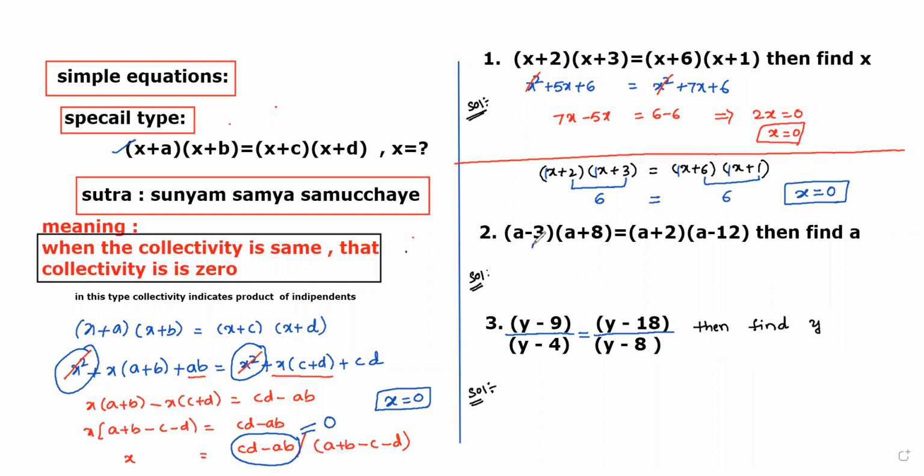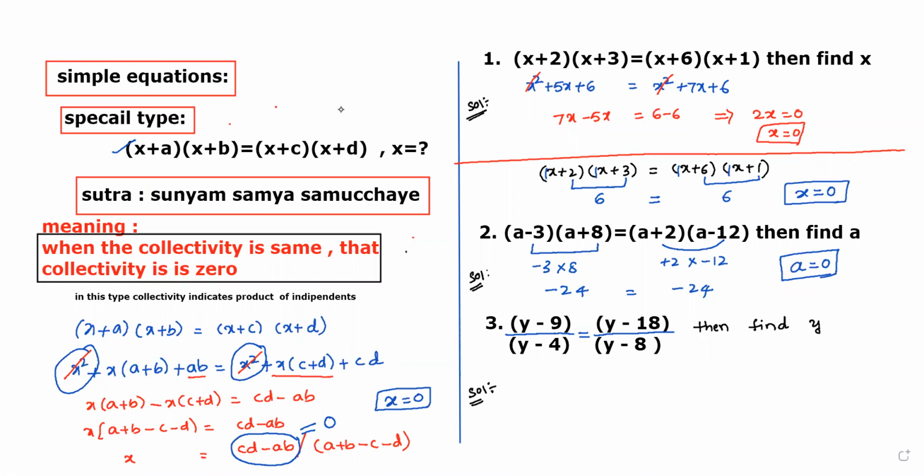If you multiply independent terms, that is constant terms, minus 3 times 8, that is minus 24, and here plus 2 multiplied with minus 12, then also you get minus 24. Both are equal in this case, so the x value becomes 0 because Sunyam Samya Samuchaya works here.